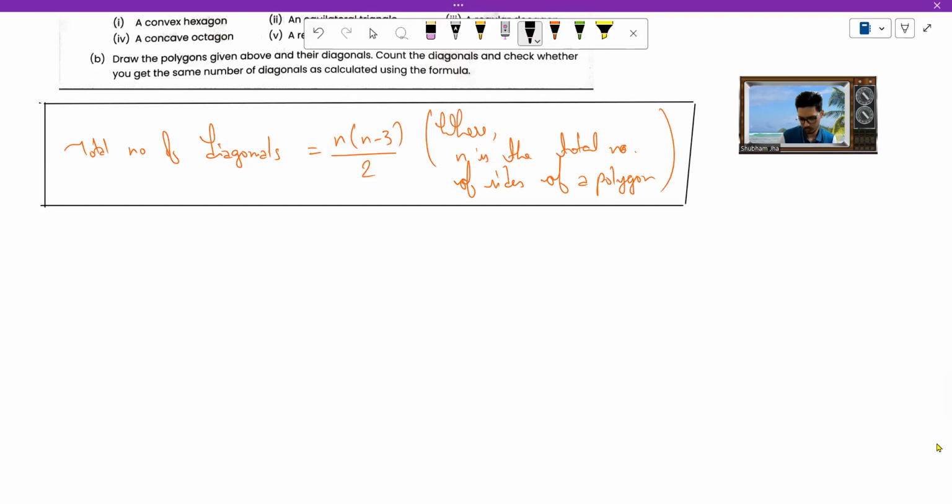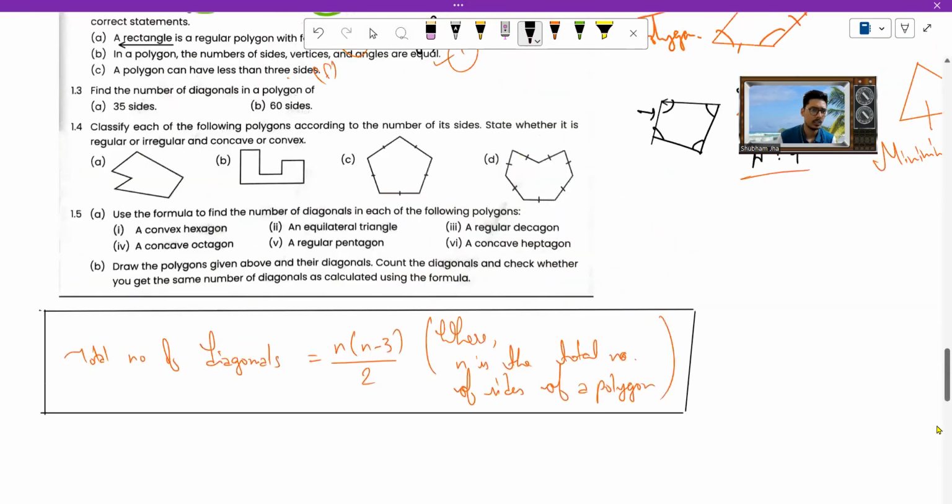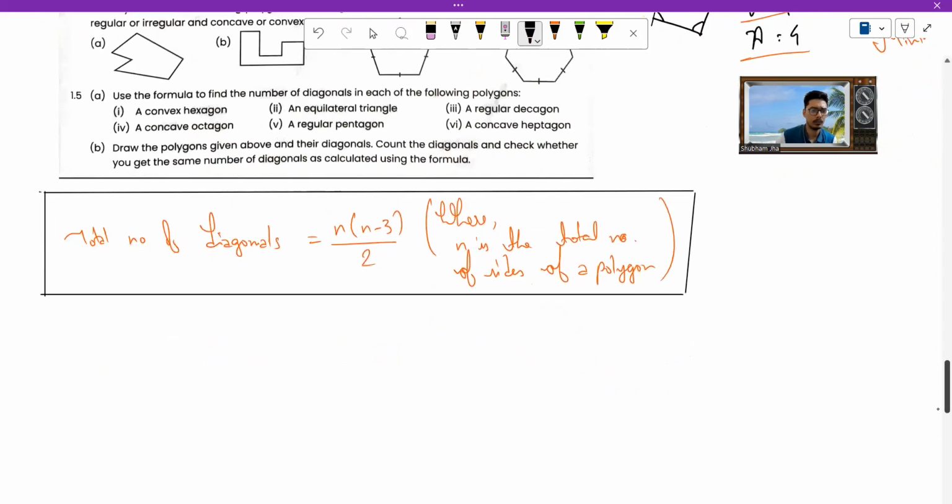Now, if you look into the question, the question was to find the number of diagonals of a polygon of 35 sides. If I apply the formula, the total number of diagonals D will be n into n minus 3 upon 2. Here n is equal to 35.